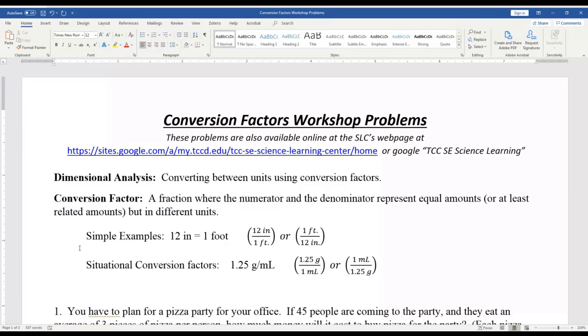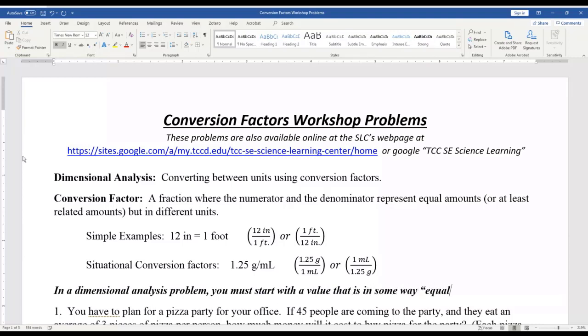So that leaves us with this very important principle, and I'm going to bold it and italicize it. In a dimensional analysis problem, you must start with a value, in other words, a number or measurement, that is in some way equal to what you're looking for.